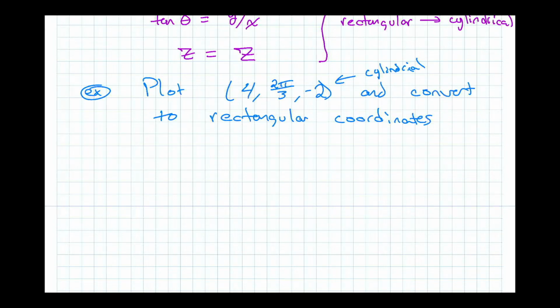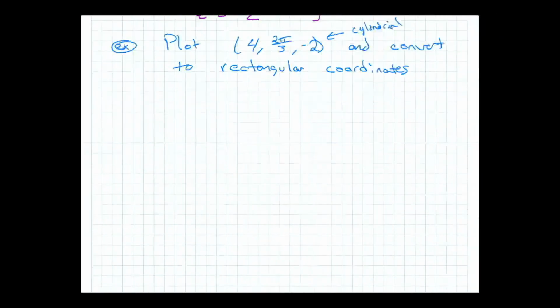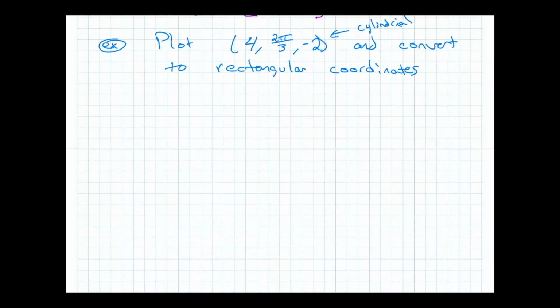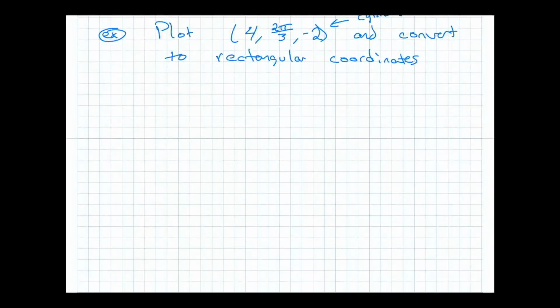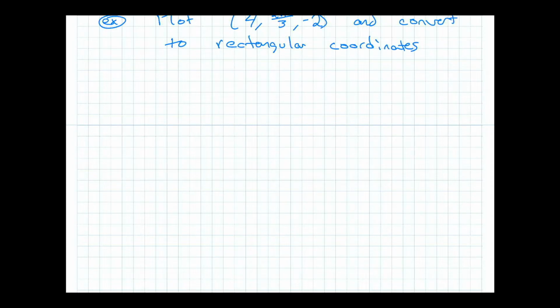and then they can say convert to rectangular coordinates. So the reason I wanted to plot it first was just to make sure we understand what's going on in 3D space. So let's try to do that. My picture will go off onto the other page. That's fine. Let me erase what I just drew.